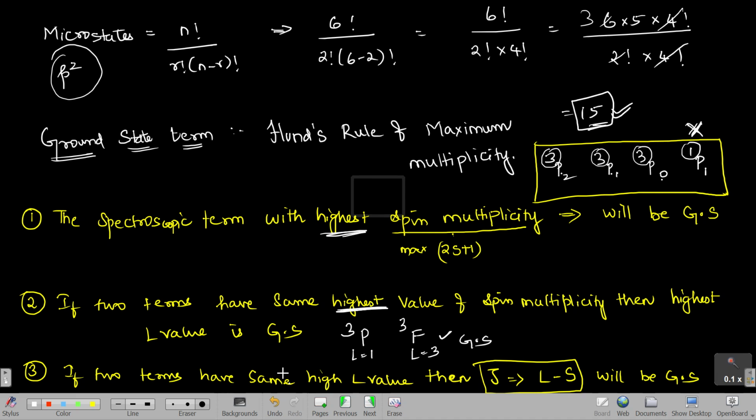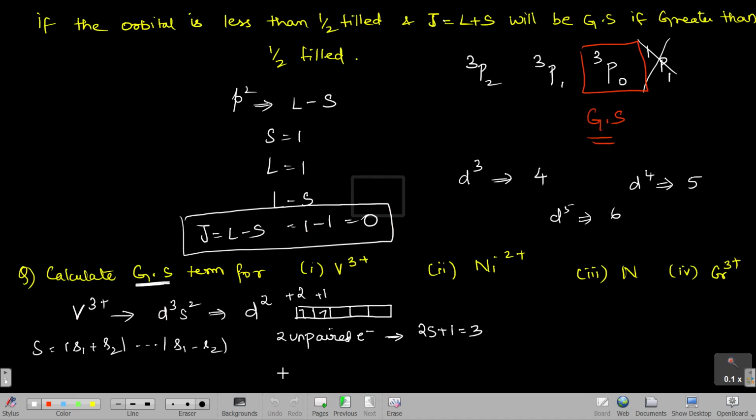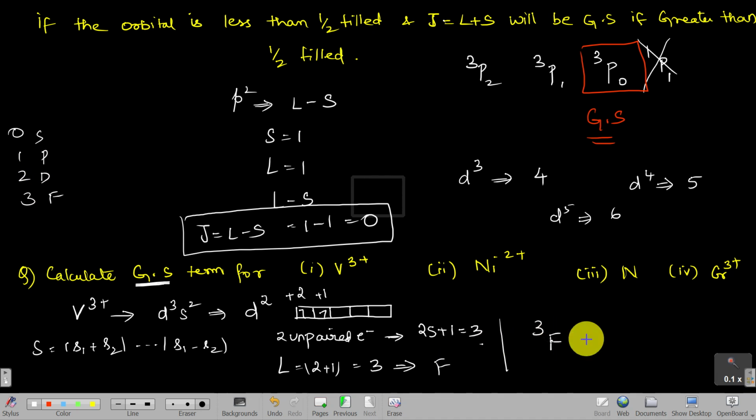Less than half filled means L minus S, greater than half filled means L plus S. So the maximum value of spin multiplicity is 3. The maximum value of L is equal to 2 plus 1, which is equal to 3. If it is 3, it is going to be 0, 1, 2, 3, S, P, D, F. So F. So the term is triplet F.